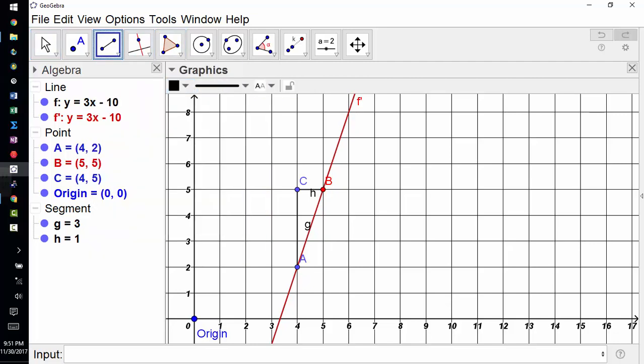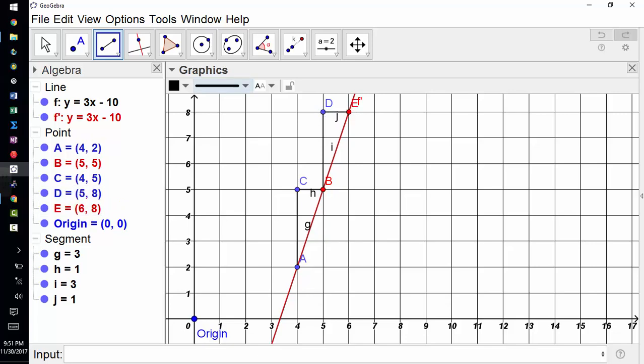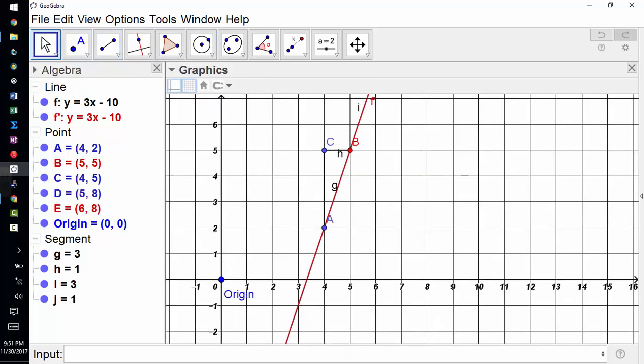But the thing is, our center of dilation is a point on the line. So that slope we're using to make the dilation is literally the same thing as the slope of the line.